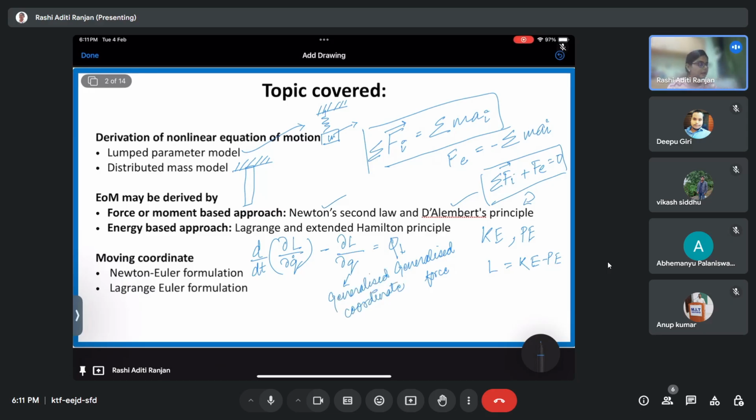Okay, and if I talk about the Hamilton's principle, my Hamilton's principle says that integral from t1 to t2, this is my Hamilton. Actually, it's the Hamilton's principle.